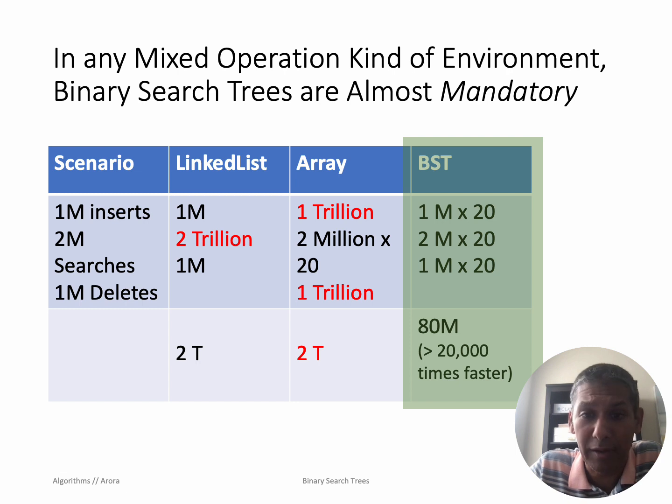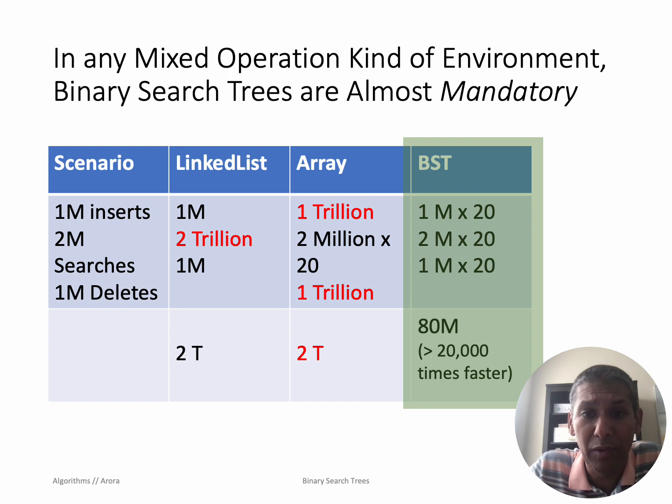Let's take this scenario that we have 1 million inserts, a couple of million searches, 1 million deletes. In this case, the linked list will be able to do the inserts very quickly. However, the 2 million searches will take a long time, and the deletes will again take a short amount of time. In the array, the inserts will take a very long time, the searches will be shorter, and the deletes will again take a long time.